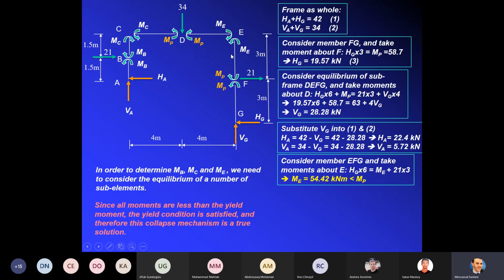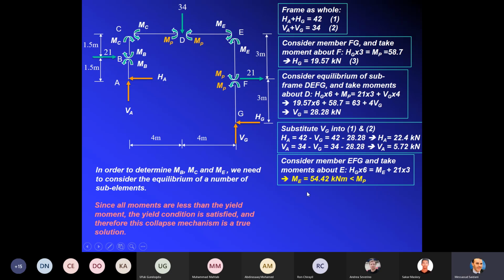So by taking the equilibrium of this member here, EFG, because we know the reactions, if I take a cut at E, we have Hg times 6, that's clockwise, equals anti-clockwise, we have Me, and we also have the 21 here, which is anti-clockwise about E, 21 times 3.